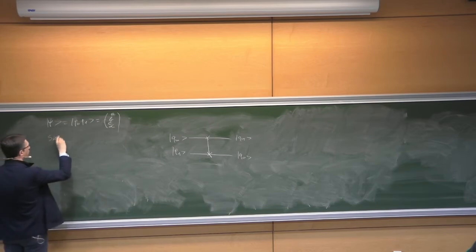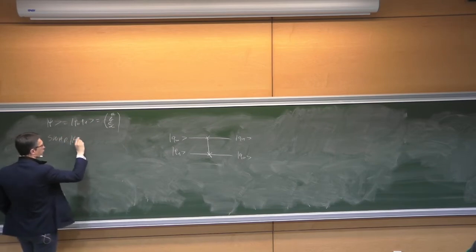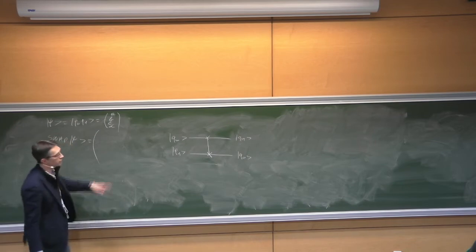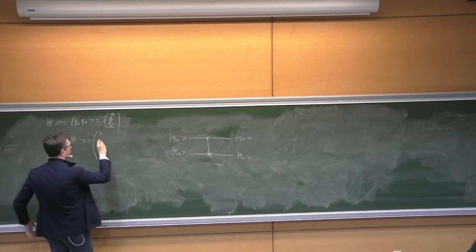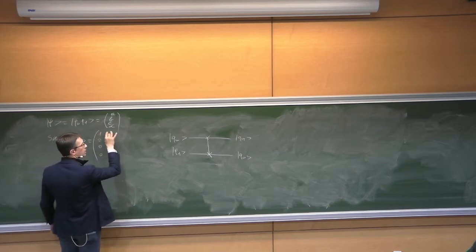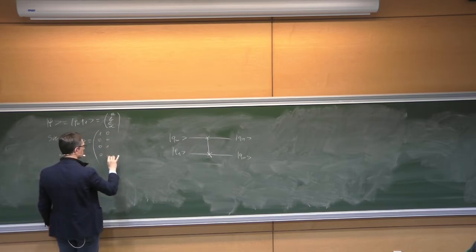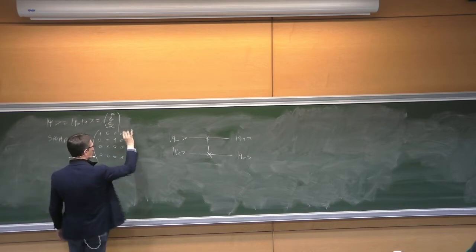And then I apply the swap gate to psi. So I apply the 4x4 matrix: 1, 0, 0, 0, then 0, 0, 1, 0, then 0, 1, 0, 0, then 0, 0, 0, 1.